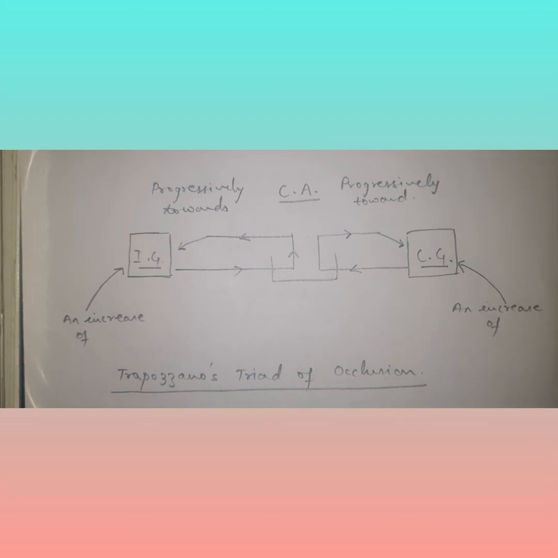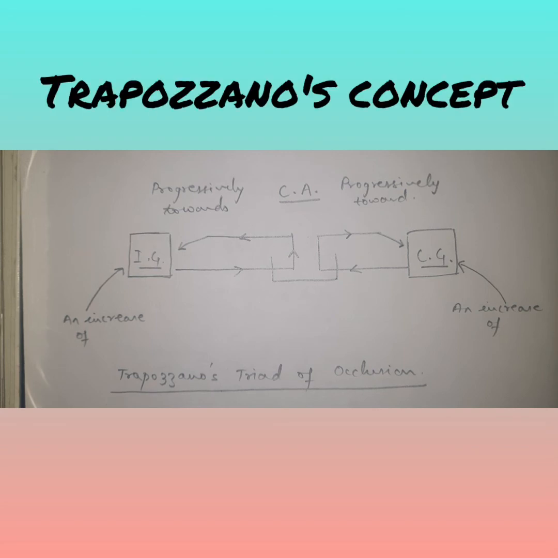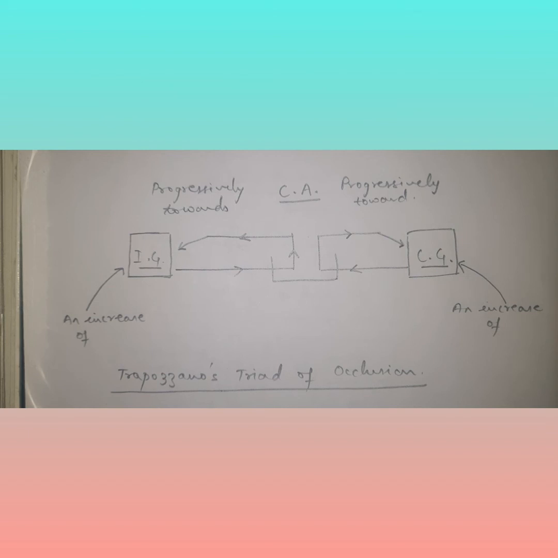Next concept is Trapozzano's triad of occlusion. Now he called it the triad of occlusion because when he reviewed Hanau's quint, he came to the conclusion that only 3 factors were important to achieve balanced occlusion. So what he eliminated was the plane of occlusion, as he believed that its location is highly variable. It may be higher or lower, and it depends on the availability of the interarch space.